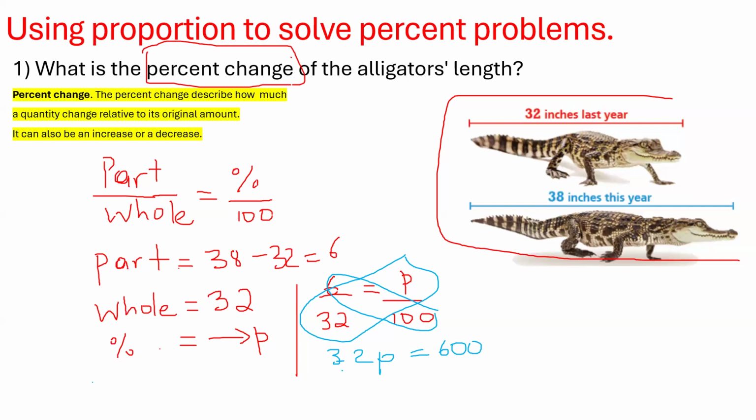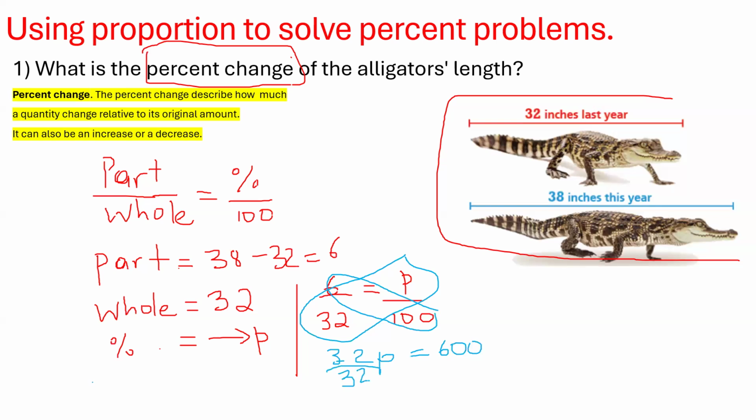To solve this equation, we need to use what we call inverse operation. Inverse operation is basically undoing, or doing the opposite of, what is happening to the variable. The variable here is being multiplied by 32. To eliminate the 32, because we need P by itself, since P is what we want, we don't need 32P, you divide, which is the opposite of multiplication.